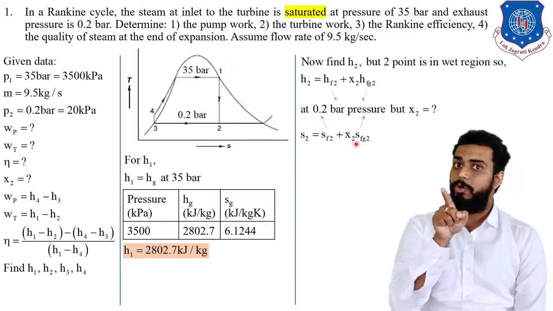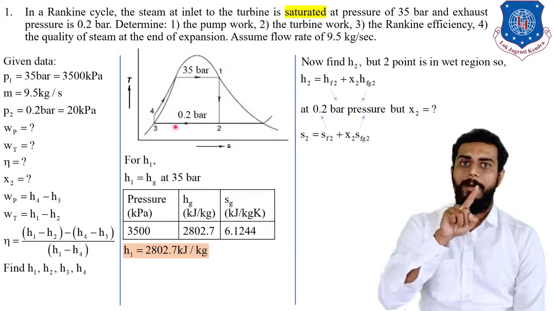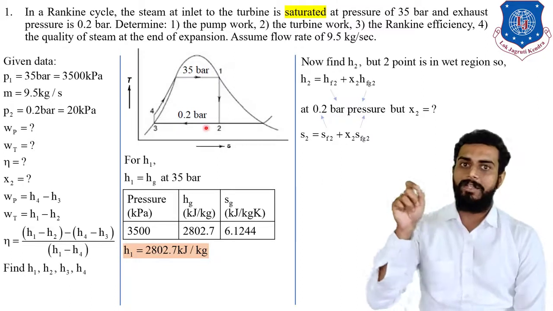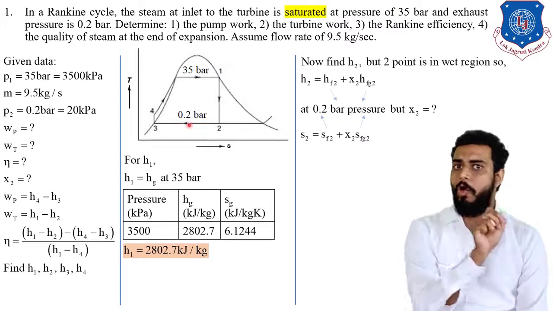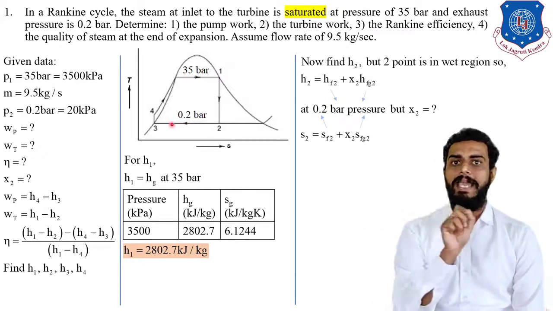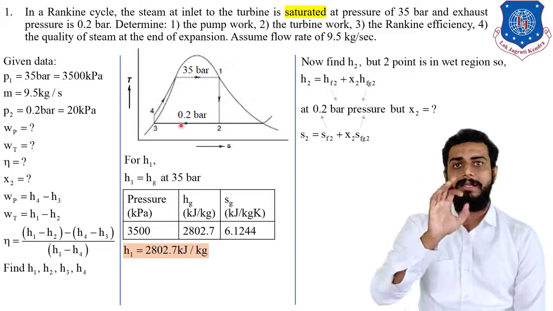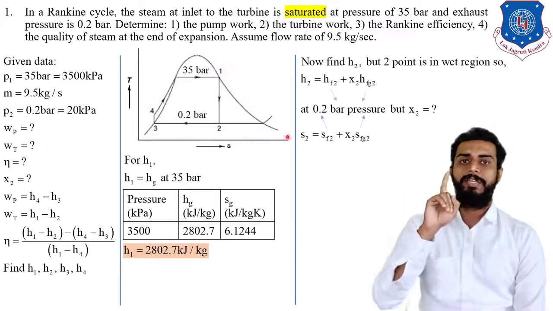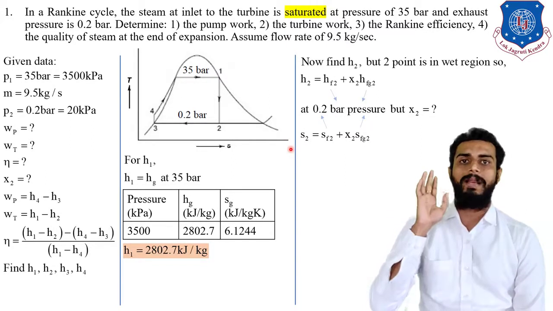Observe the TS diagram. Point 2 is at 0.2 bar, because the 2 to 3 process, that whole process, is taking place at constant pressure. So that is the pressure corresponding to point number 2. Clear? So here you will find out SF2 and SFG2 at 0.2 bar.